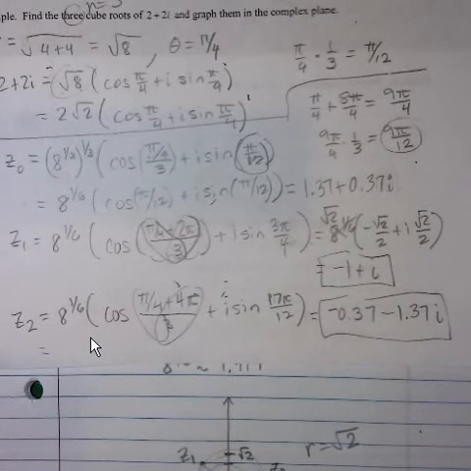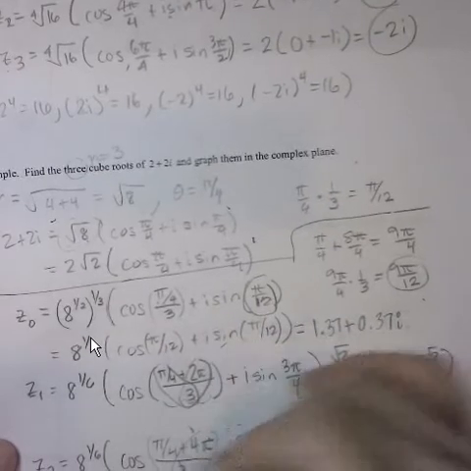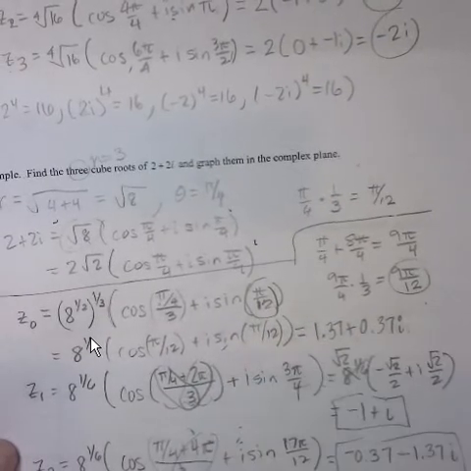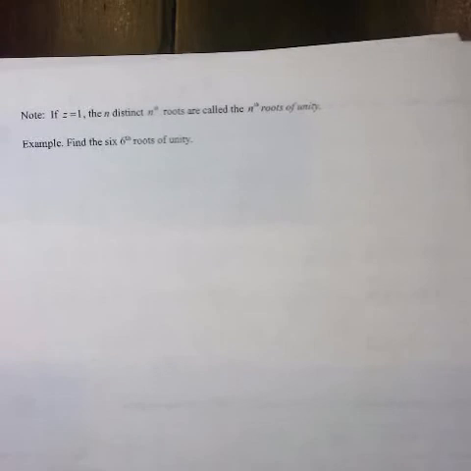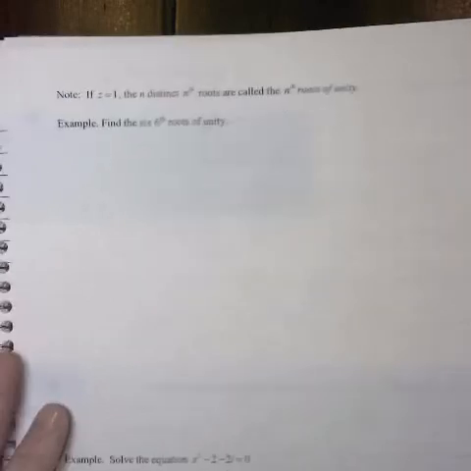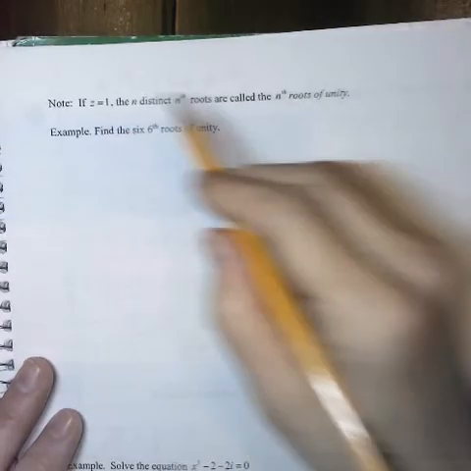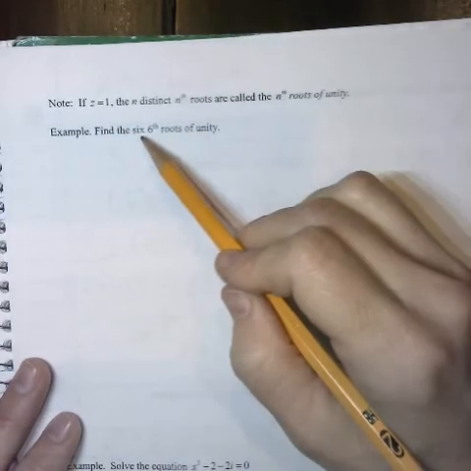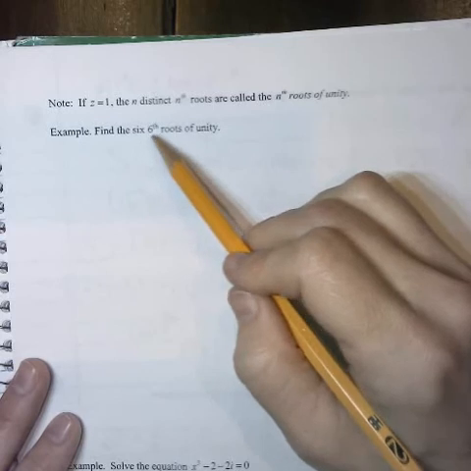Okay, so let's do the next problem. We'll work in degrees. With this part here, I think it's probably nice to work in degrees. It makes it a little easier for you guys. So, get a different pencil here. This time we have z equals 1. We want to find the six roots of 1.